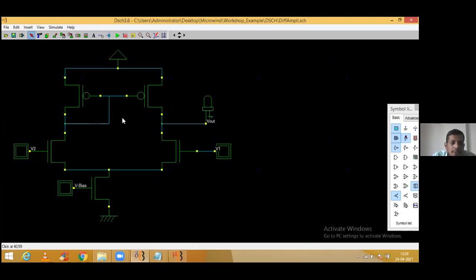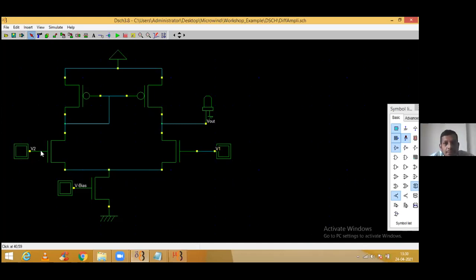For example, we need to observe two cases over here. Just try to concentrate on my wordings. Two cases. What is the application of current mirror circuitry? How does it work? It provides a constant current, means it's sourcing a similar current.